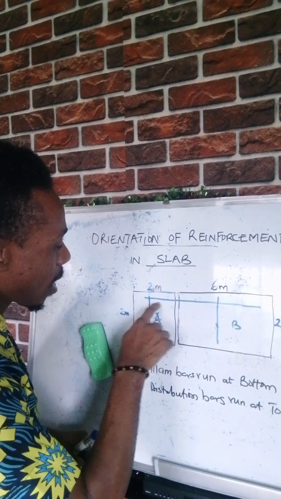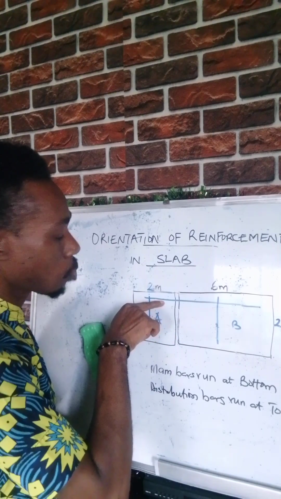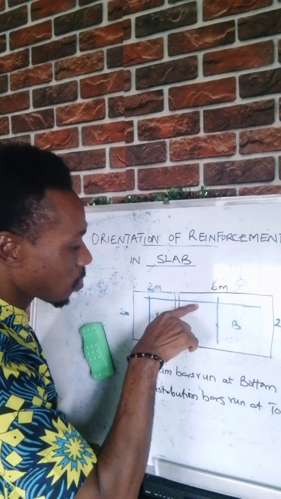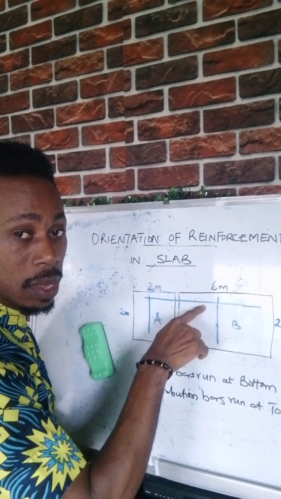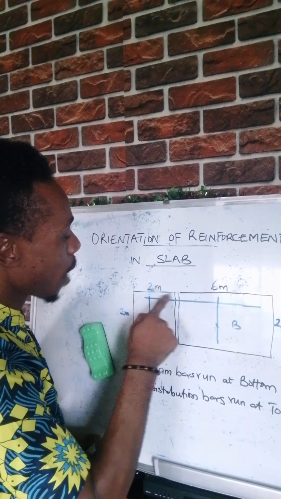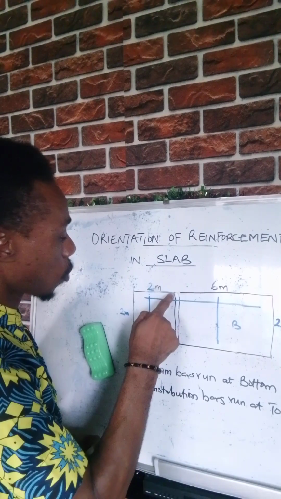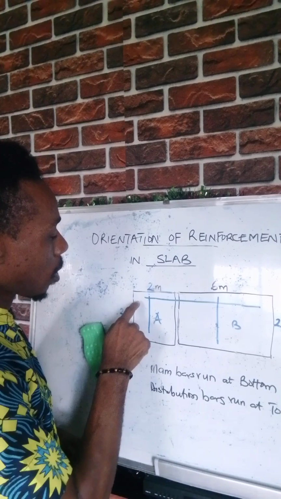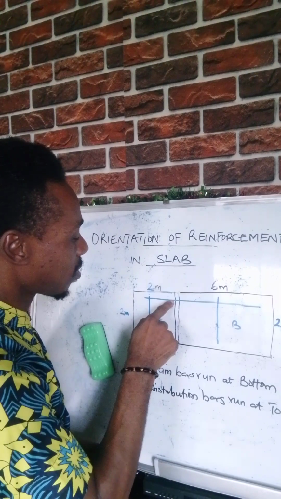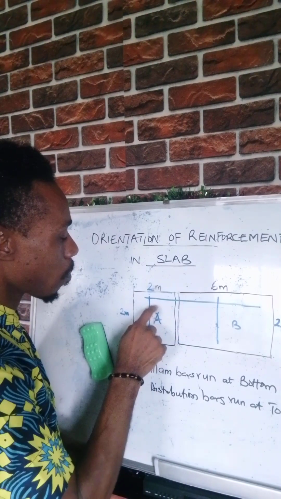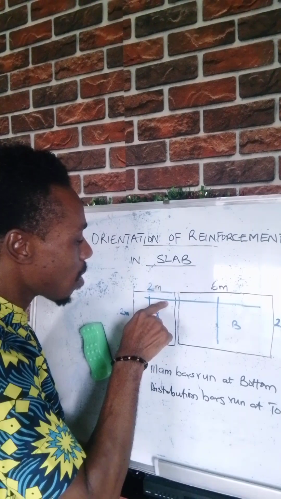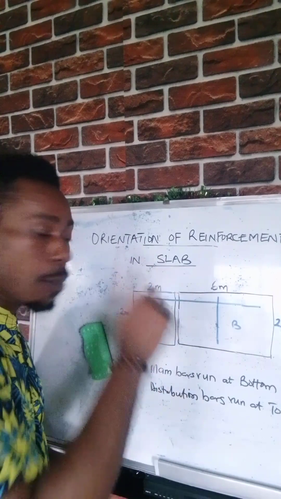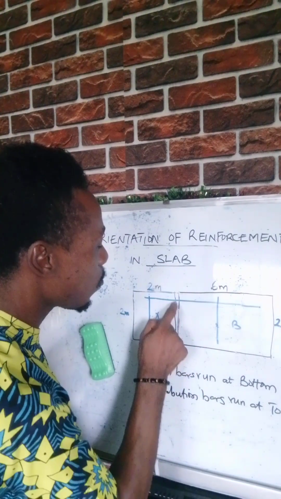So for panel A, this can act as a bottom, while in panel B, the same reinforcement can act as a top. The reason is that this part is short, the same as this part. So you can run this as your bottom on panel A. Then the same reinforcement will be turned to a top reinforcement when it crosses this beam.